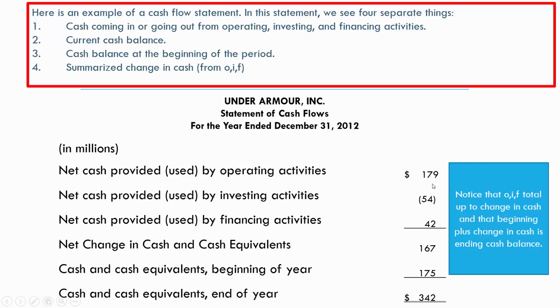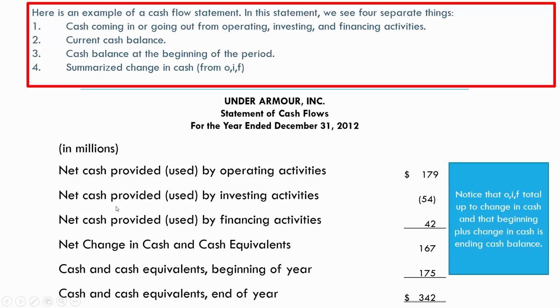just in this year alone. In the second line, it says provided or used by investing activities. So instead of buying investments here, they could also sell investments.